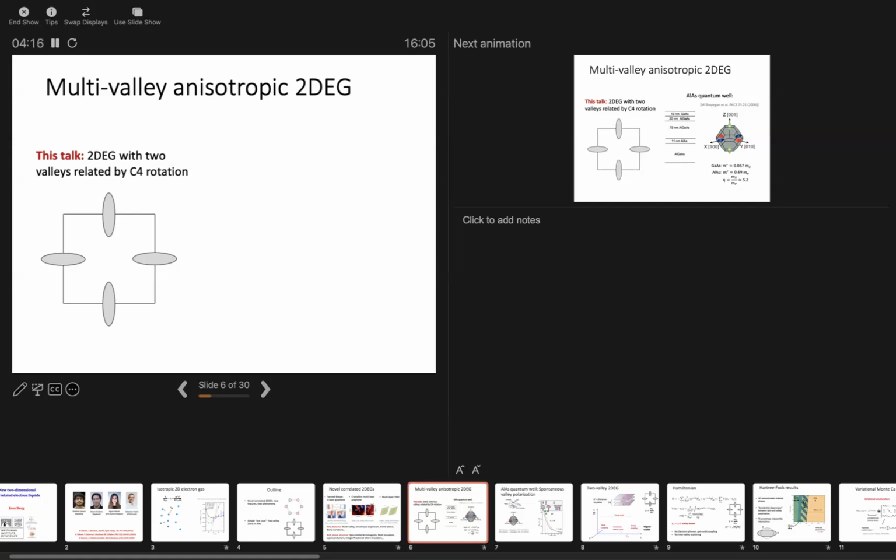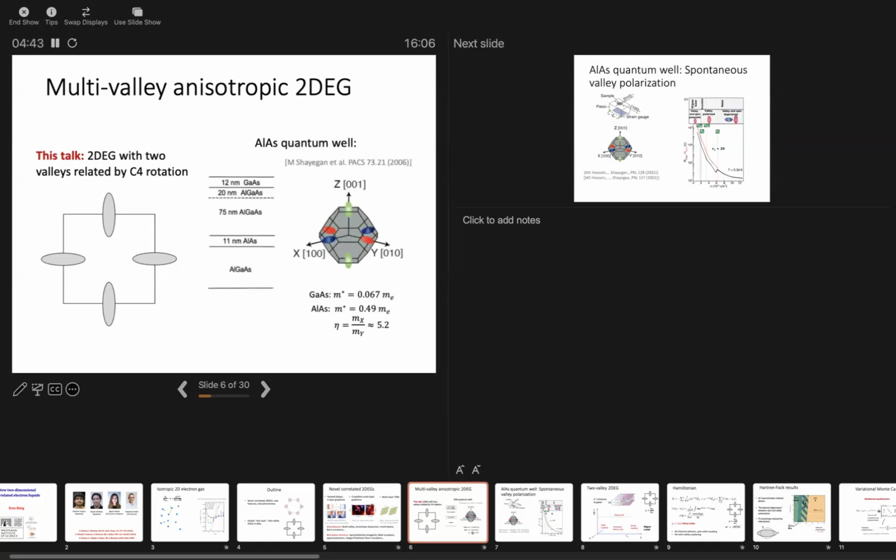Consequently, the dispersion of each one of these valleys doesn't have to be isotropic. The effective mass in the x and y directions could be different, but the two valleys are related by C4 symmetry. So if there's one sign of the anisotropy for one valley, it would have to be opposite in the other valley. So that's the system. This is the dispersion: two valleys, two spins, anisotropic dispersion in this way.